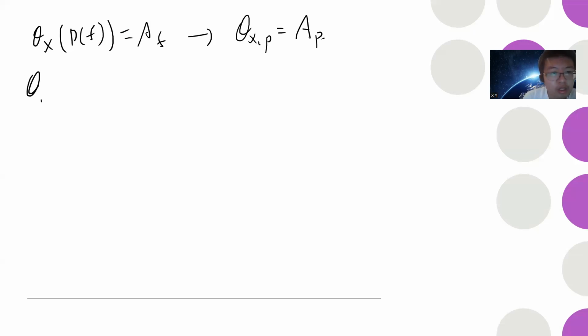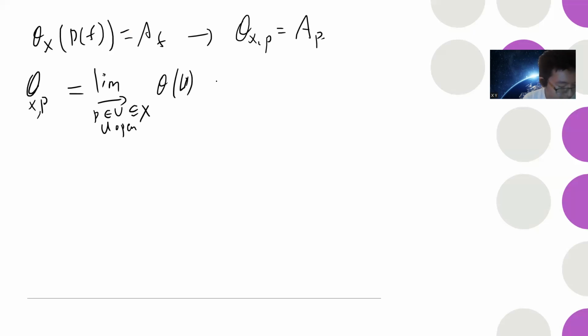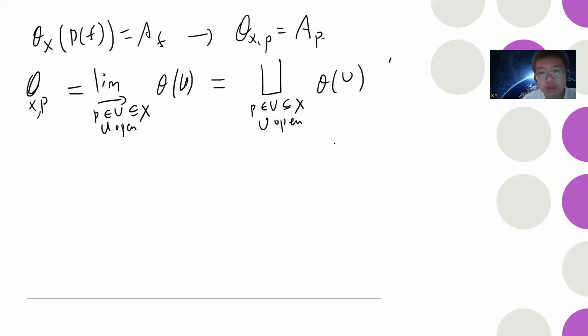Okay, so O_{X,p} is defined to be, let me just explain this. You can take p belonging to U, where U is an open set, and take the sheaf O(U). Simply speaking, this is defined to be the disjoint union over U open of O(U), modulo a quotient, which is the colimit.